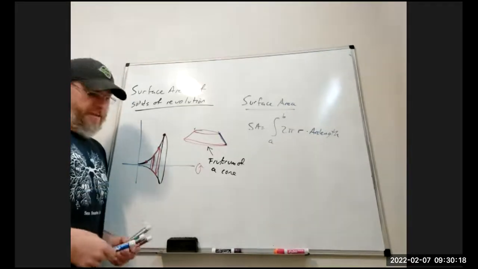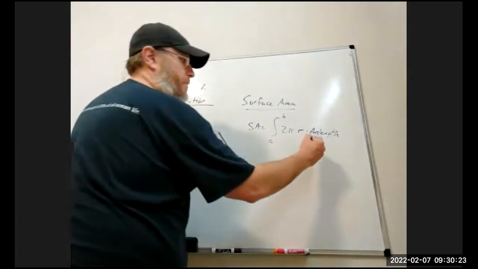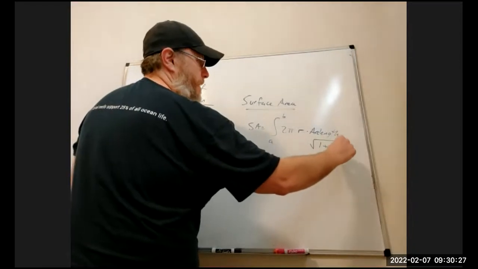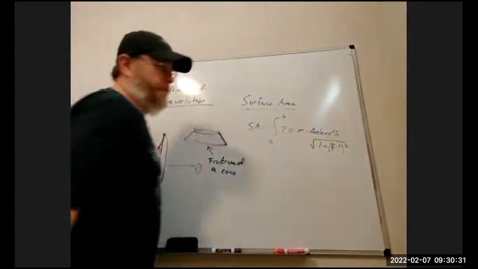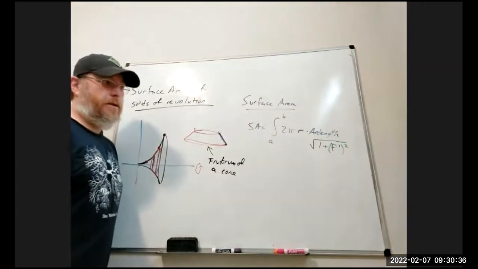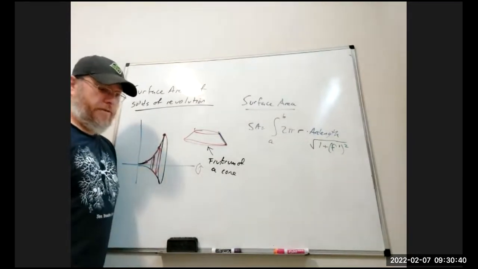And that arc length is the same arc length that you saw before, where this is going to be the square root of 1 plus, and I'm going to go ahead and just put f prime squared. I'm not going to put the letter x or y, because it can be either one, like we saw, but that's all we're going to have to do.